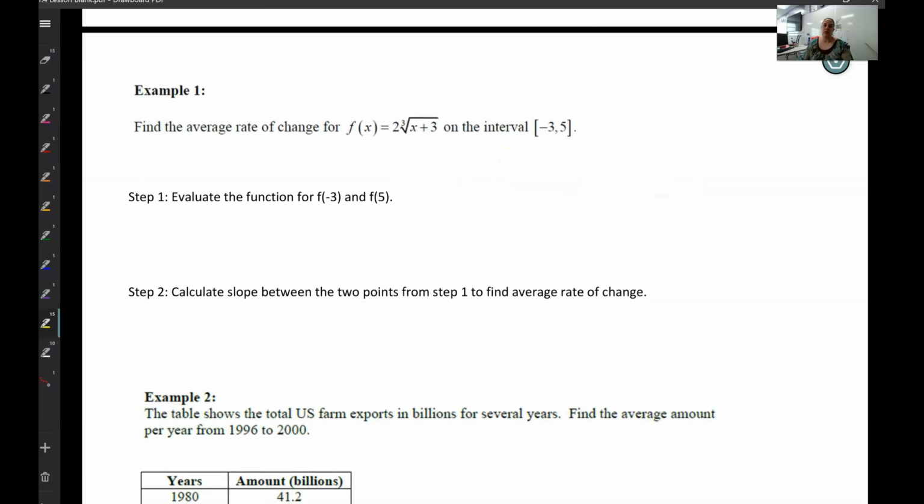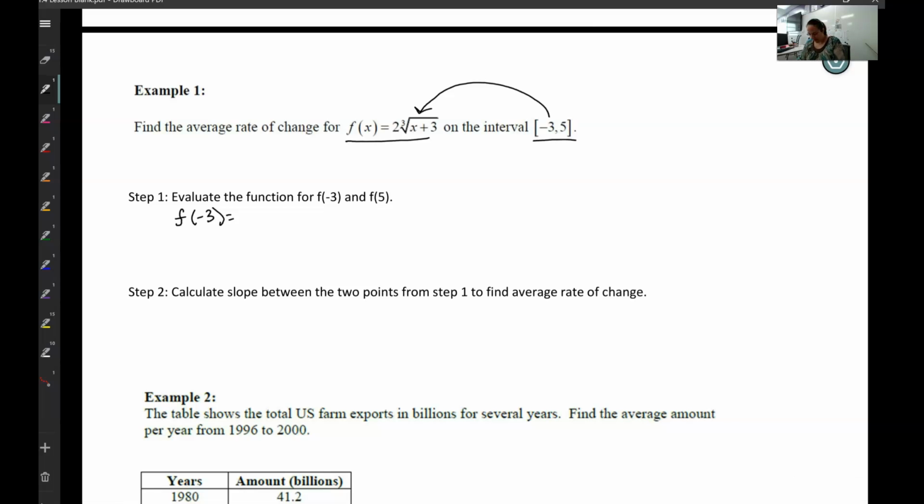The first kind of circumstance where you might calculate slope is if you're given an equation and an interval. If you have a problem like this, you're going to do two steps. Step 1, you're going to plug the two numbers from your interval into your equation.